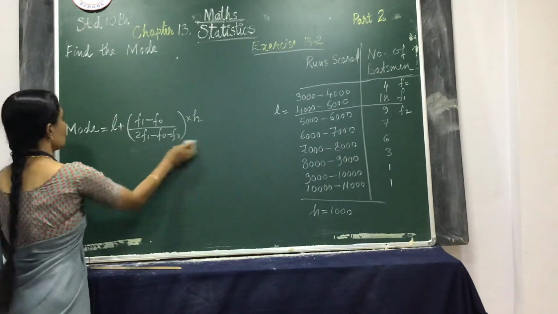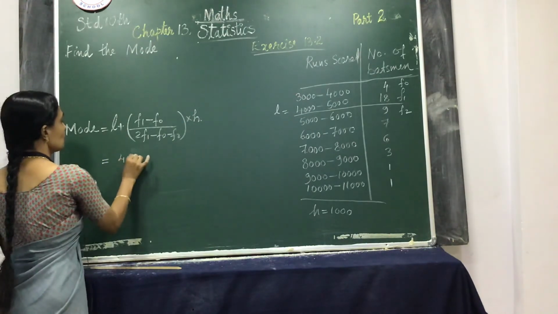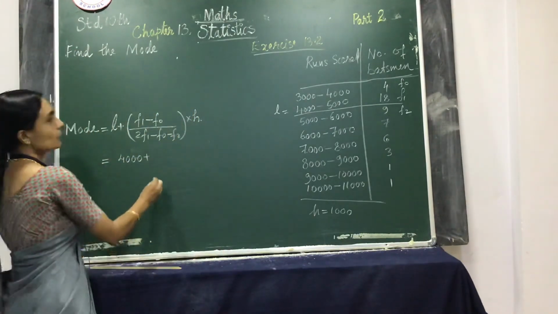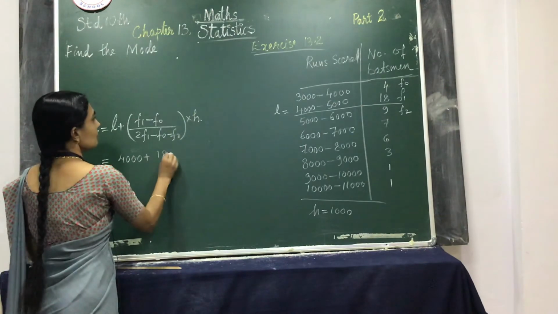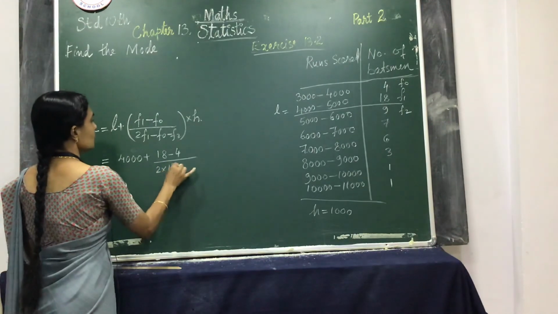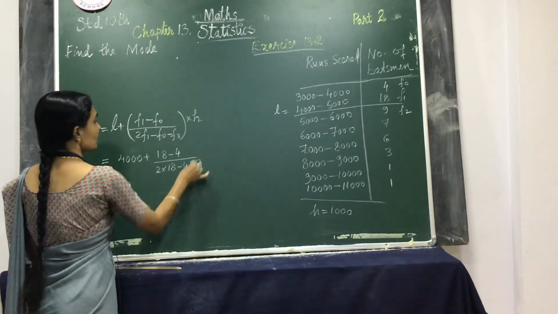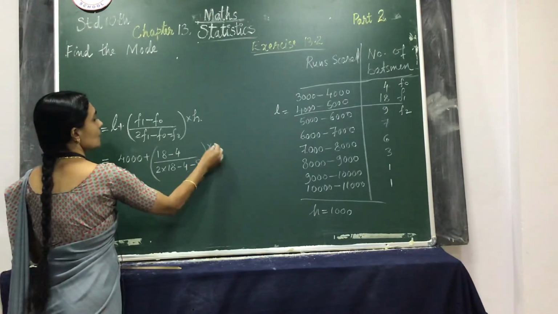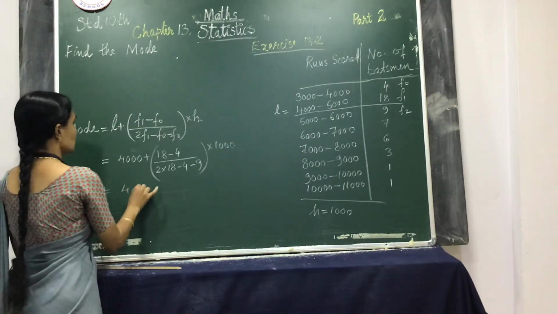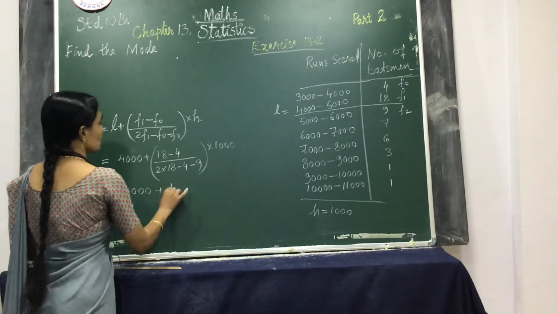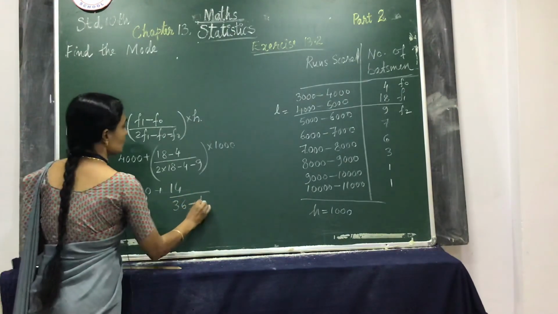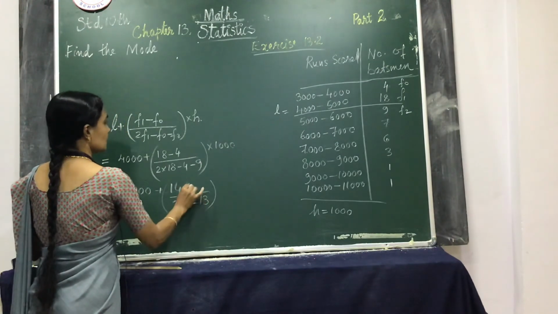So solving for mode, L is equal to 4000 plus (f1 is 18 minus 4) divided by (2 into 18 minus 4 minus 9) multiplied by 1000. That is 4000 plus 14 divided by 36 minus 13 into 1000.